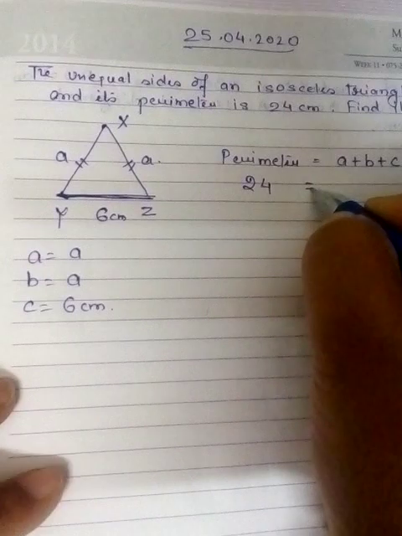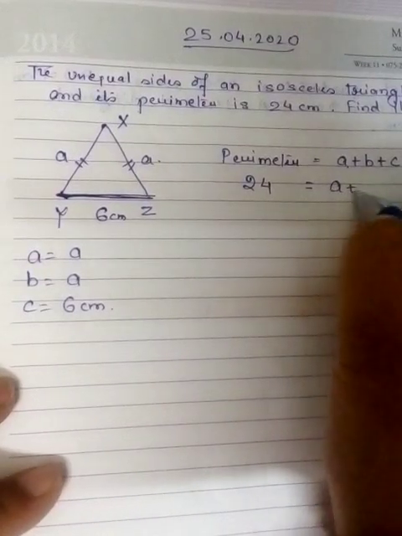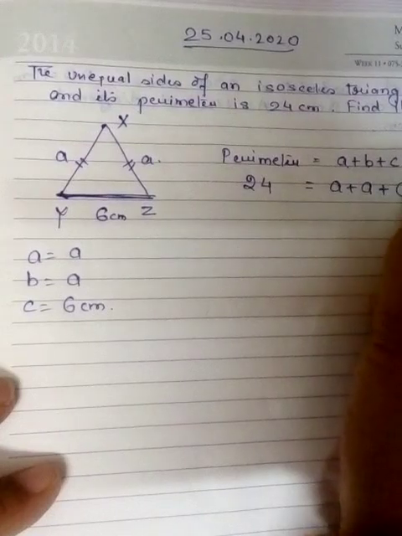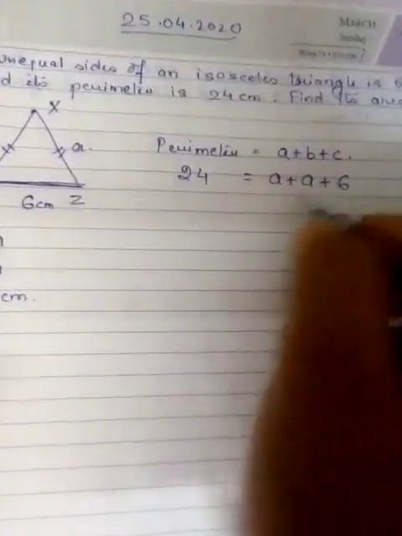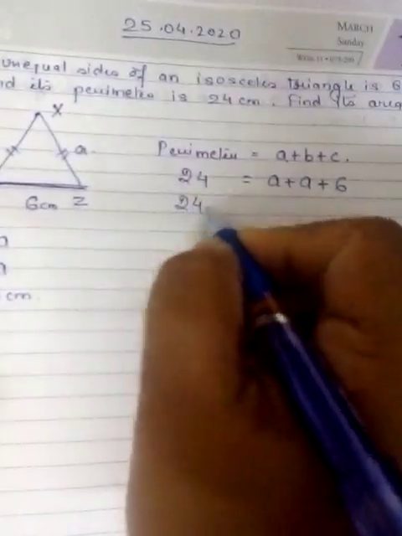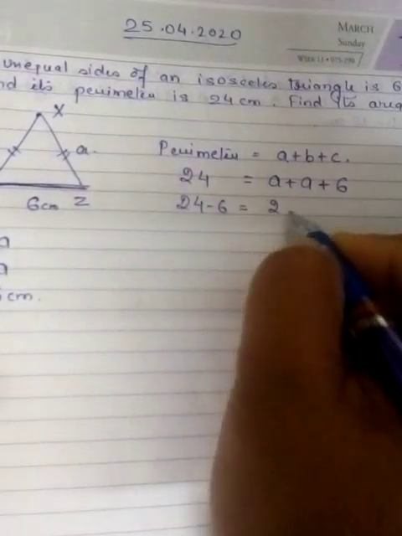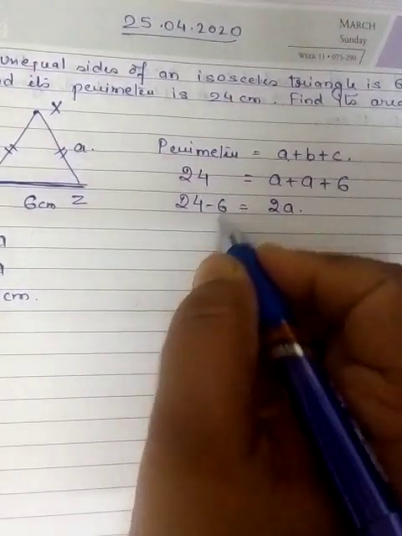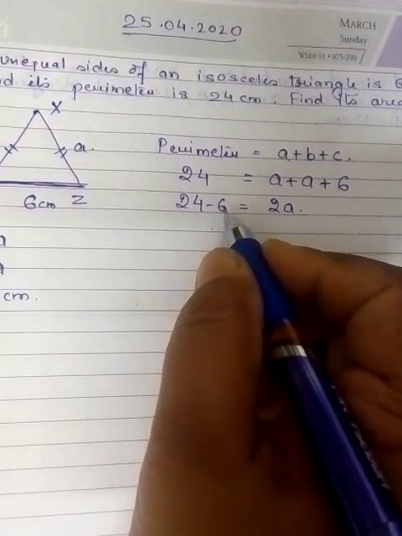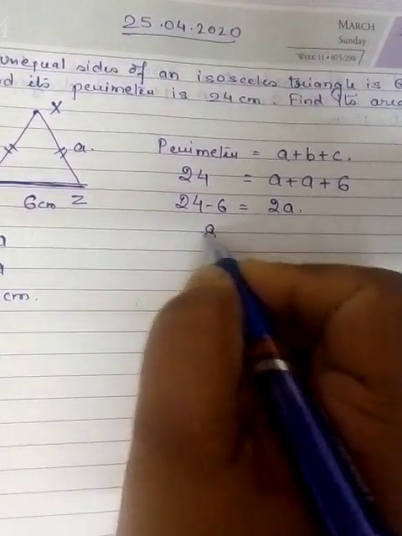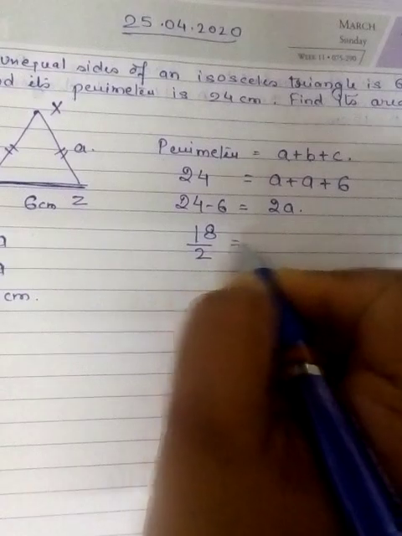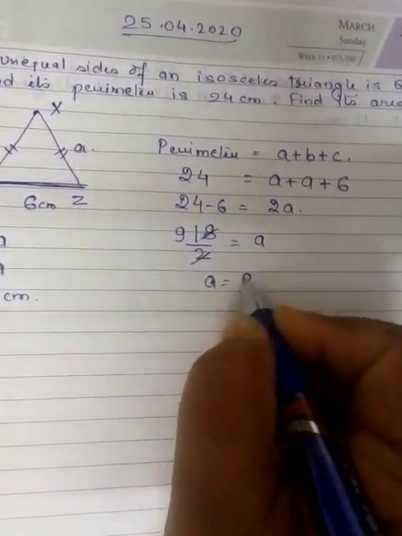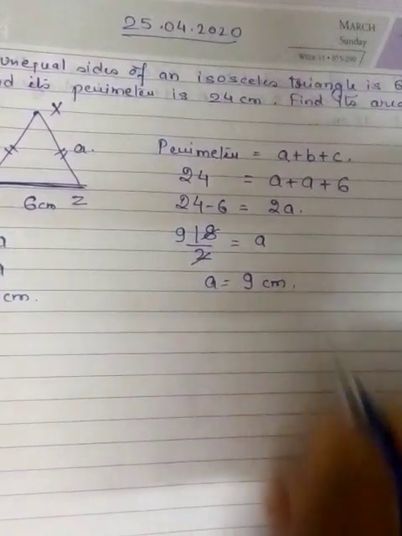A as it is, in place of B I will write here A, and in place of C I will write here 6. This will be 24 minus 6 is equal to 2A. So I will get here 18 by 2 is equal to A. That means 9. So we get the equal side as 9 centimeter.